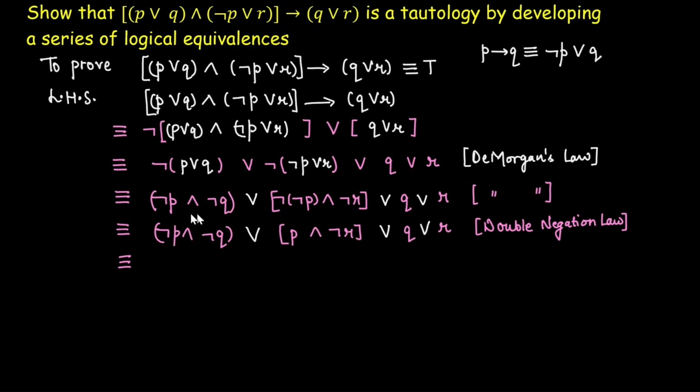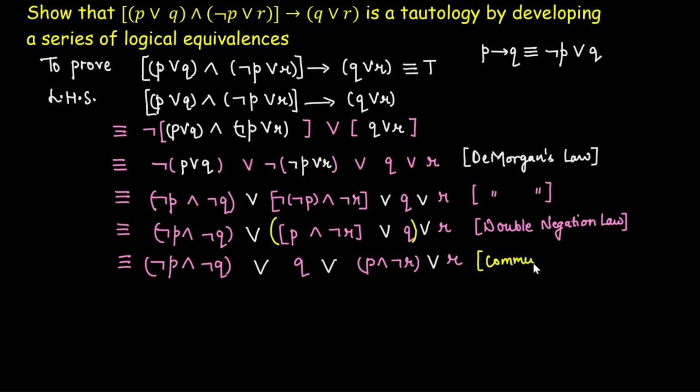So we can check the first case contains P and Q, in the next P and R, next is only Q, and the next is R. From here, we are going to club Q with the first one and the second with the fourth. It means we need to commute these. By commuting these two propositions, we are getting this form, and here we have used the commutative law.